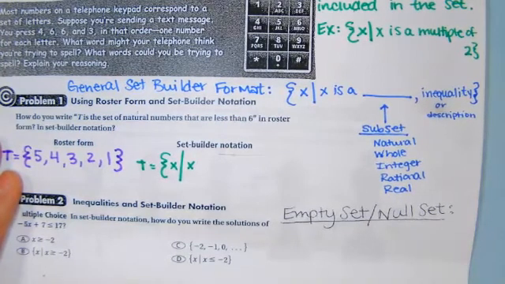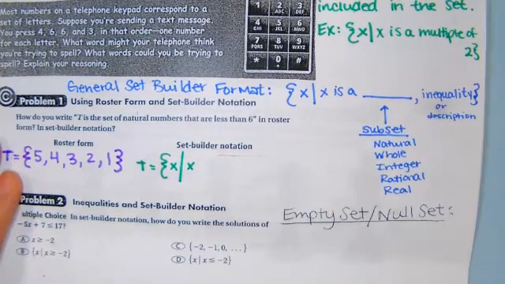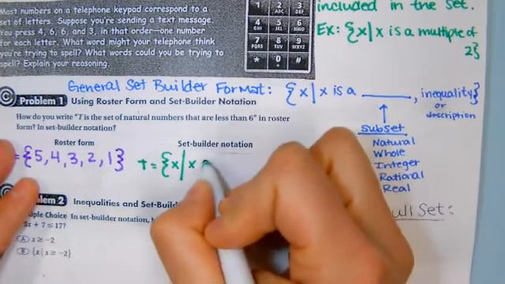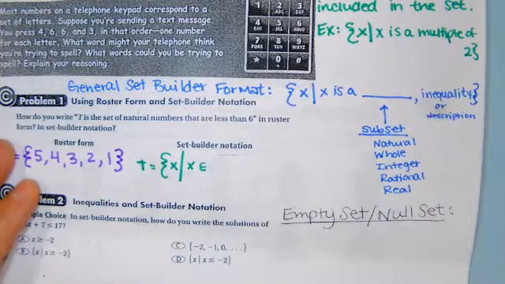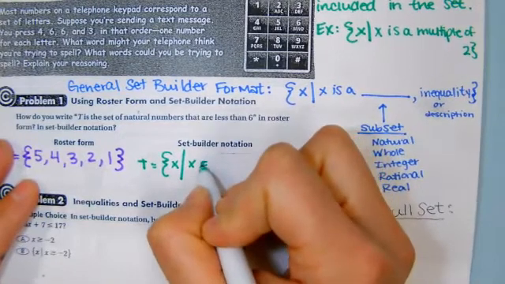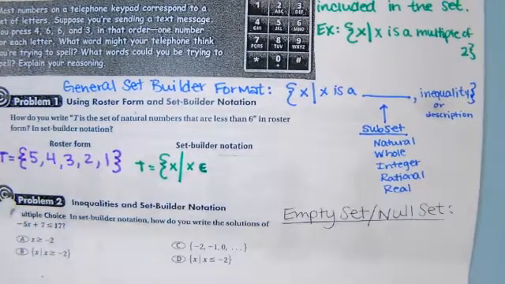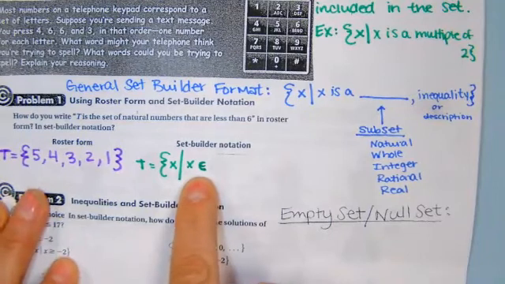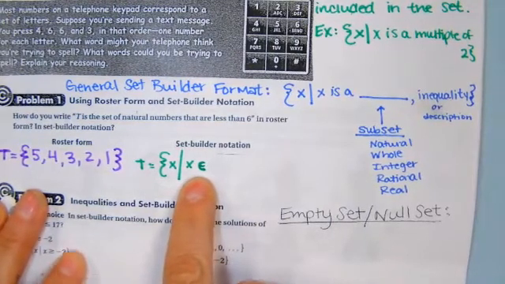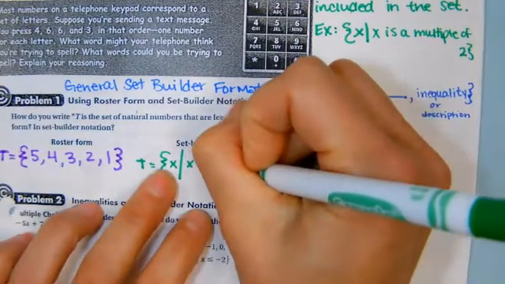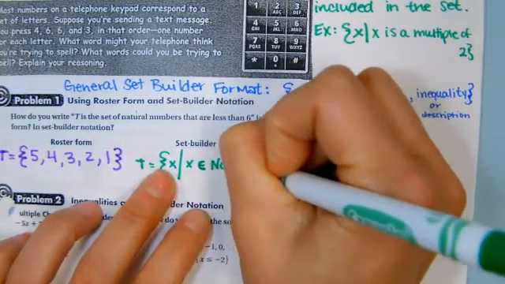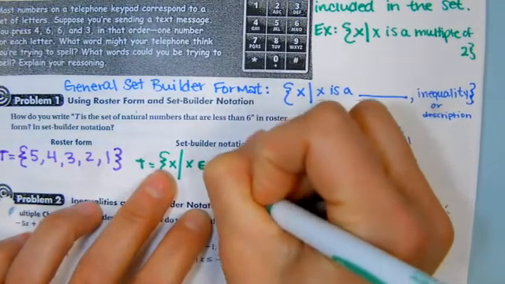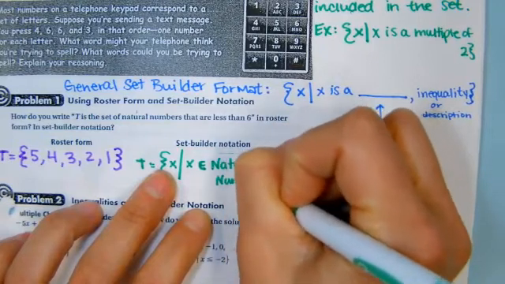You can say "is a" or you can say "is an element of," and you make this weird looking E, like a capital E only curved. This means x is an element of what set did it say? The natural numbers, right? I'm sorry, I don't have a lot of space, so I'm doing it like this.